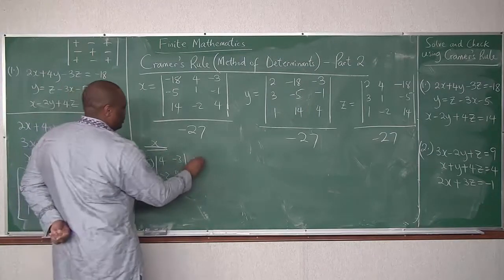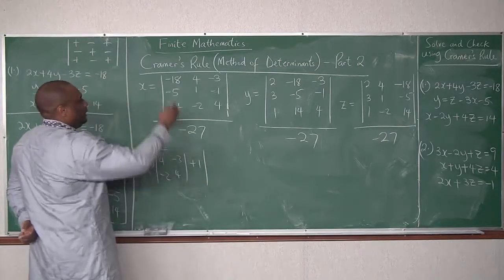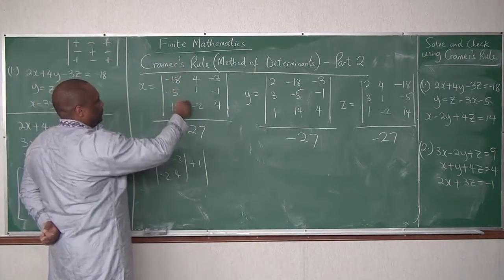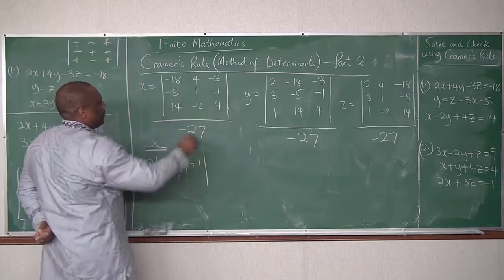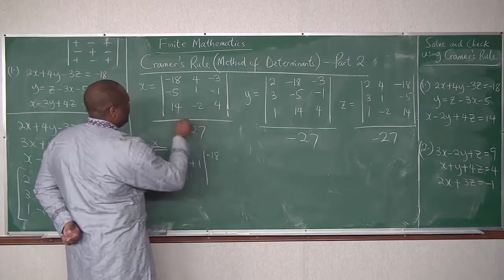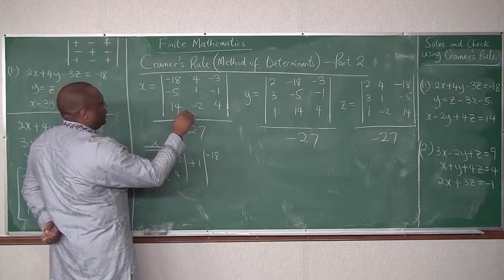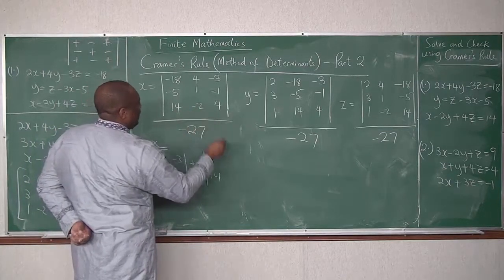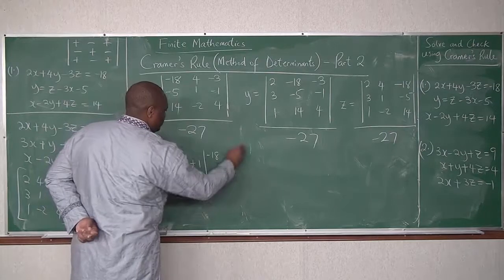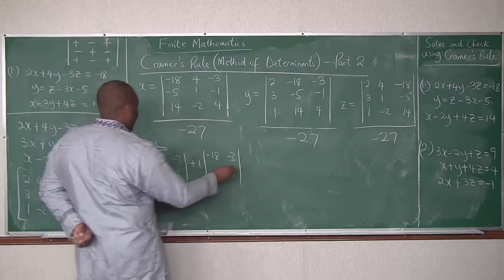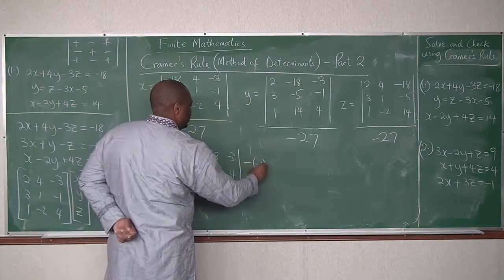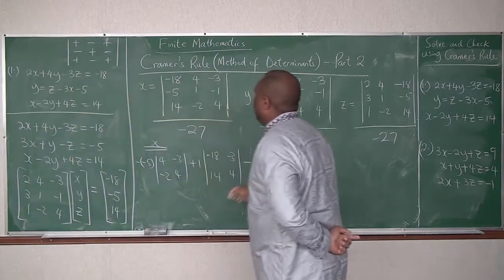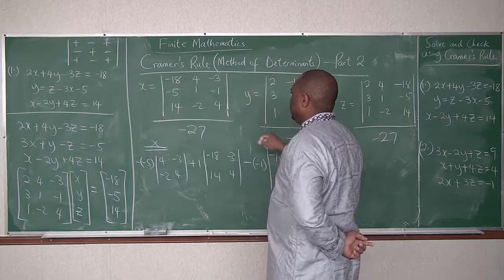Then plus 1 determinant, minus 18, 14, then minus 3, 4. Then minus 1 determinant, minus 18, 4, 14, minus 2.